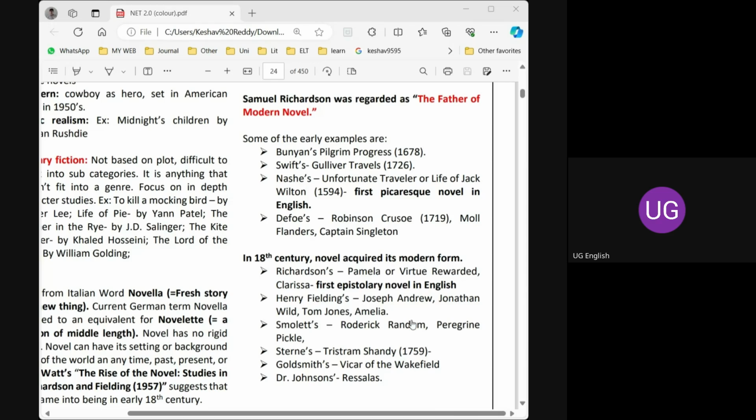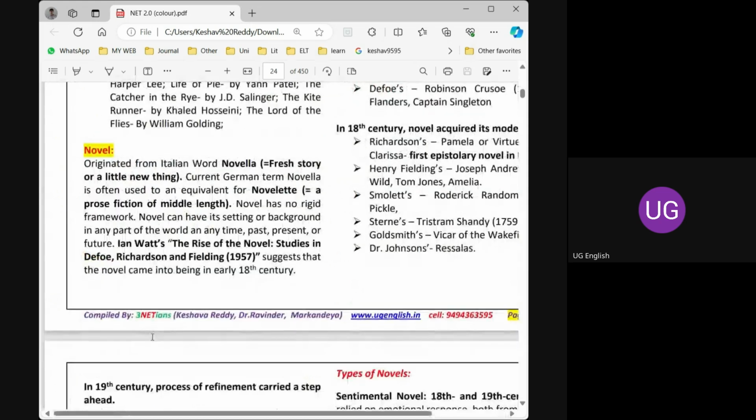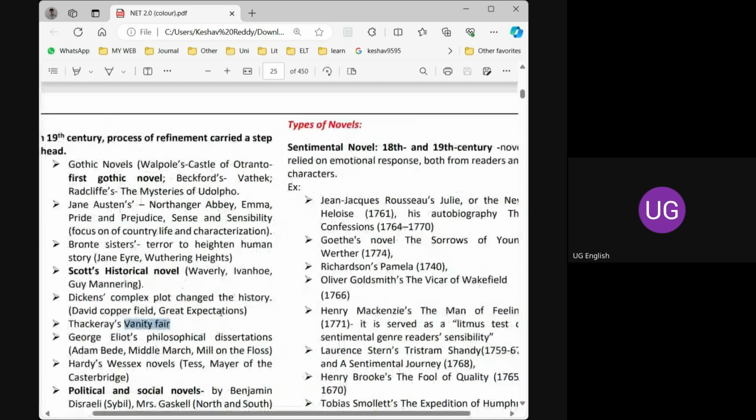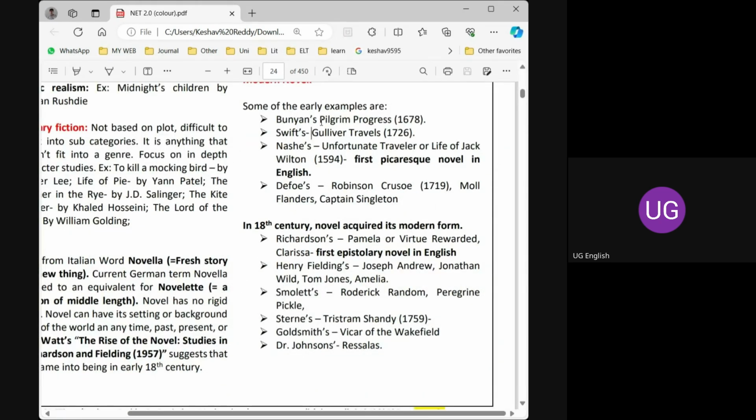Yes, the title is taken exactly. Ravinder sir, thank you. Yes, Vanity Fair is part of the journey of the Christian.